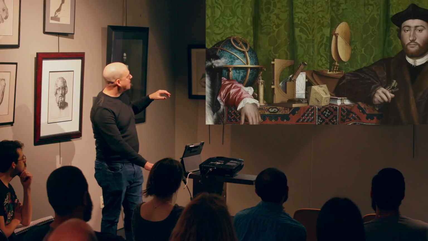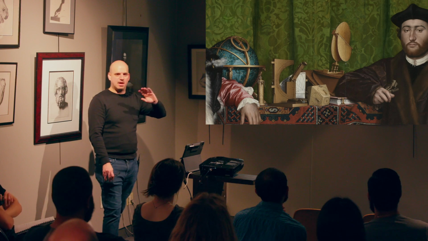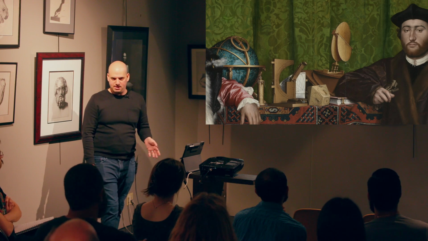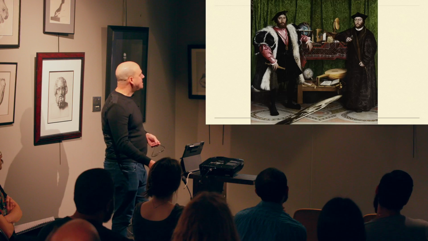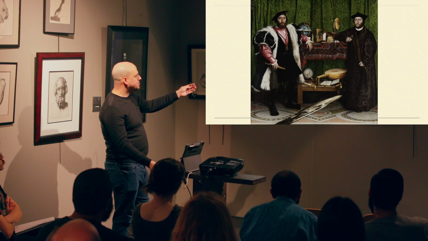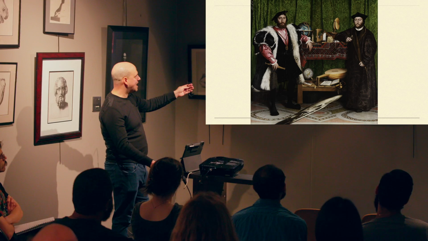There are also these objects on the table. There have been papers upon papers written about what these things mean. We can't say with 100% certainty, but basically there are two tiers, a lower tier and an upper tier that you can see if we zoom back to the bigger painting.